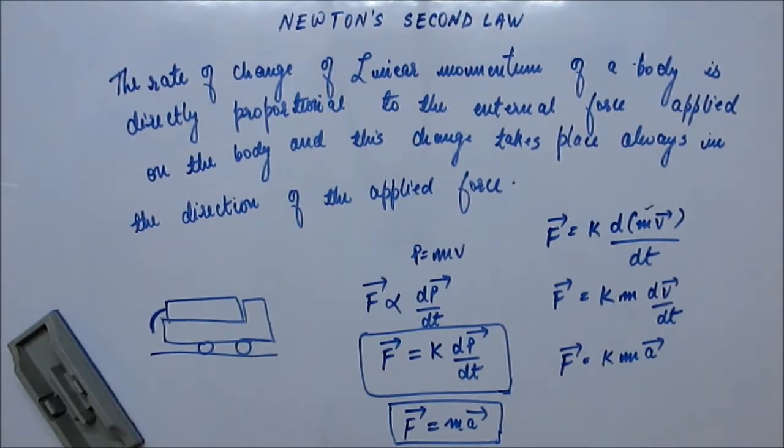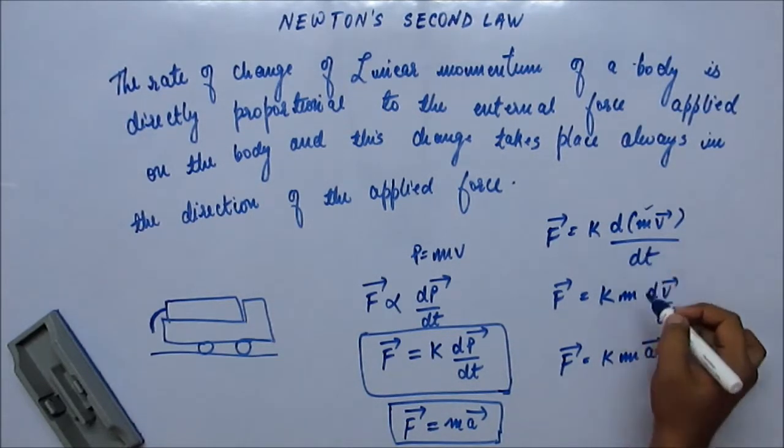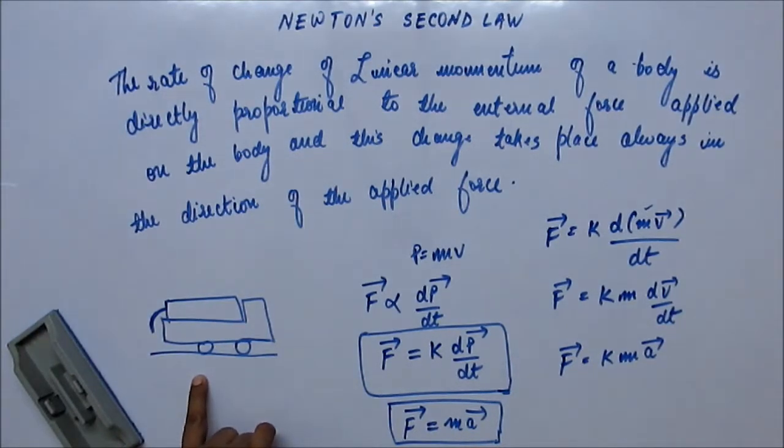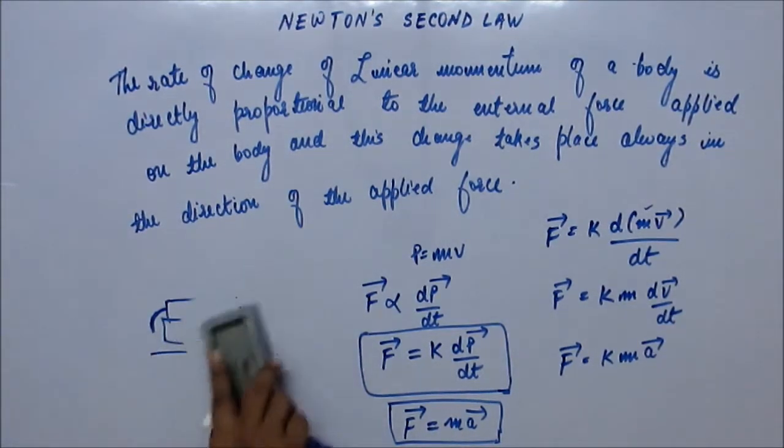So if you have to apply Newton's second law, you cannot say that m is constant and bring it out of the differentiation and come to F is equal to ma. F is equal to ma will not be valid. So whenever you use F is equal to ma, you have to know at the back of your mind that the mass of the system should remain constant. Initially, in the cases we will be dealing with, mass indeed will remain constant. But later on you will see another variation of Newton's second law in which mass would be changing. In that we cannot use F is equal to ma straight away.